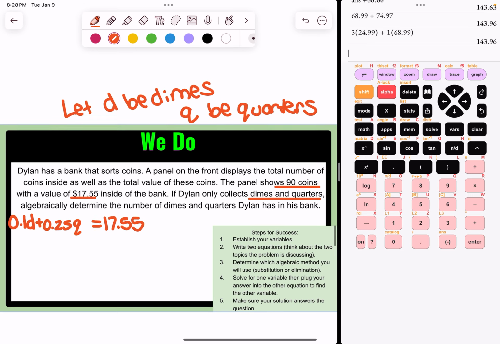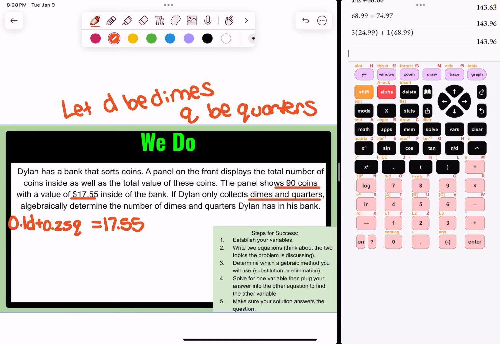And now the only other number we haven't used yet is the 90 coins, which means the number of dimes plus the number of quarters equals 90. Now, we can choose either the substitution method or the elimination method here. The elimination method would mean we would have to multiply the bottom equation by 0.10 and the top equation by 1 and make one of them negative. It might be annoying to use the elimination method there because we'd be multiplying by 0.10.